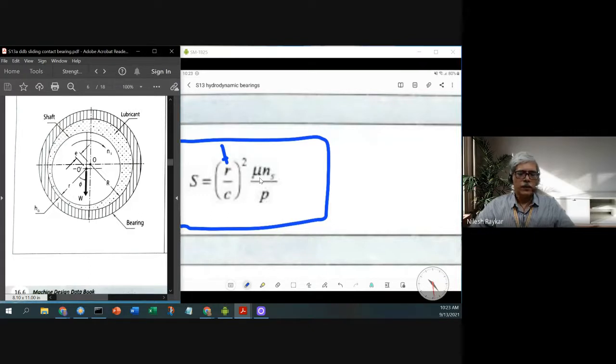The viscosity of oil is given in terms of temperature versus viscosity. If you know the inlet temperature and outlet temperature, the two viscosity values would be known to us. The average of that is taken as the viscosity to be considered in the design calculations. So this mu is the viscosity of oil, which is dependent on the temperature, and the temperature is dependent on the solution. There is one more factor which gives us how much the temperature rise will be.